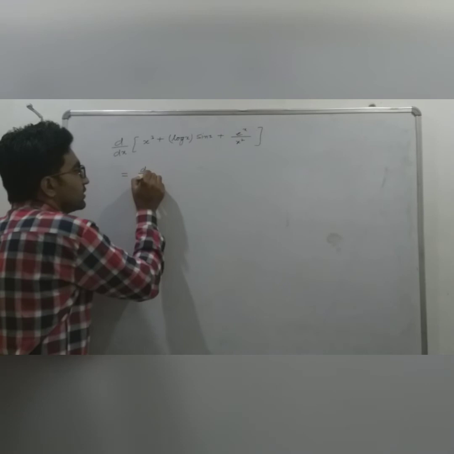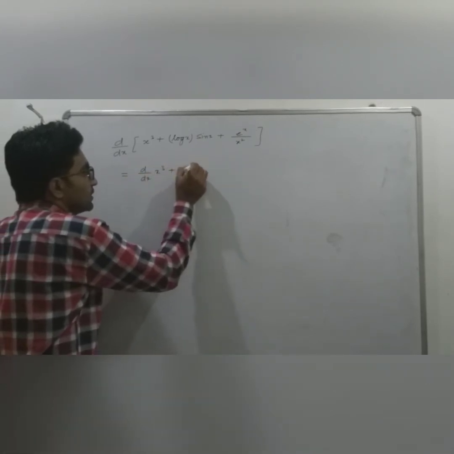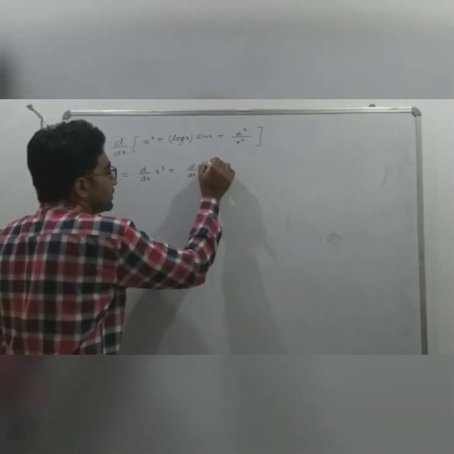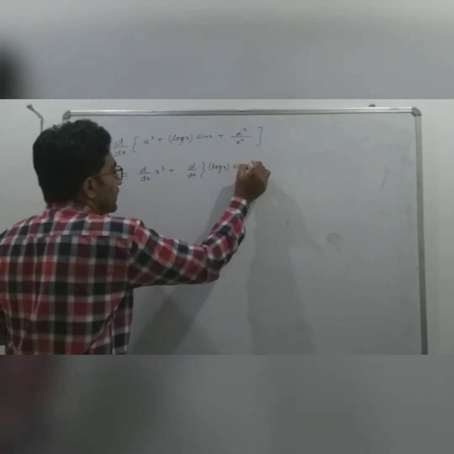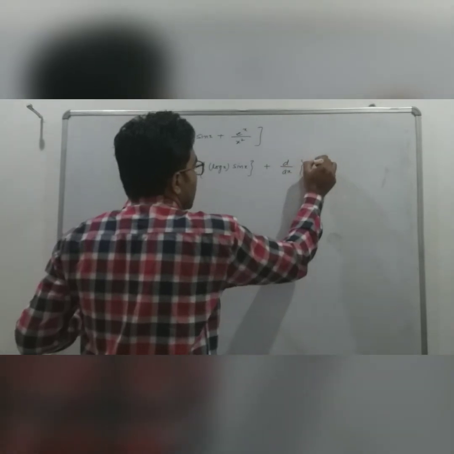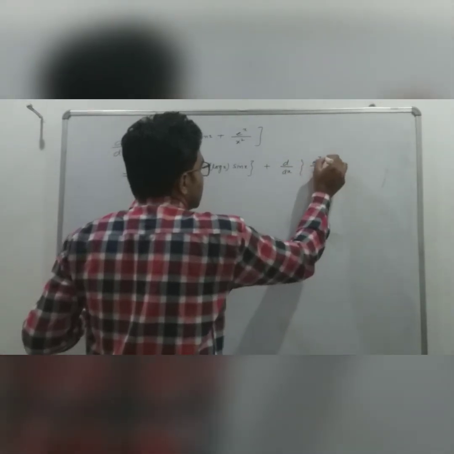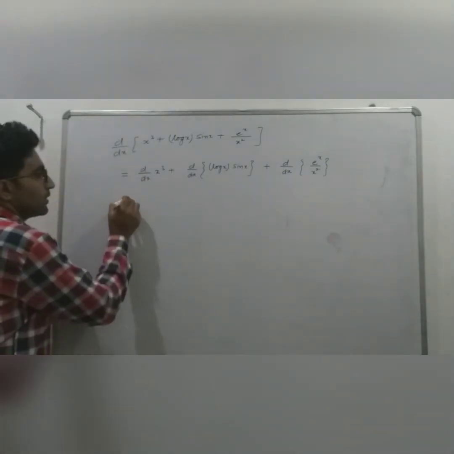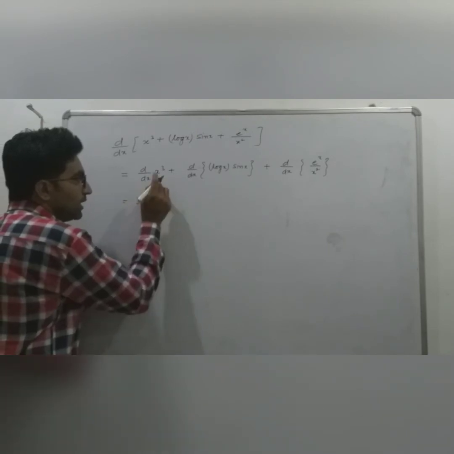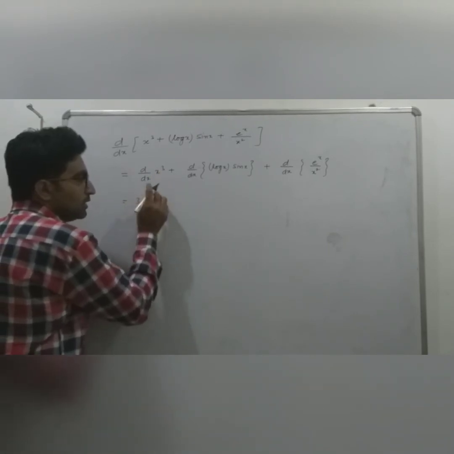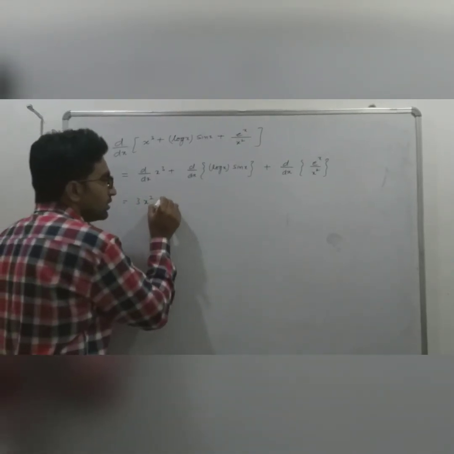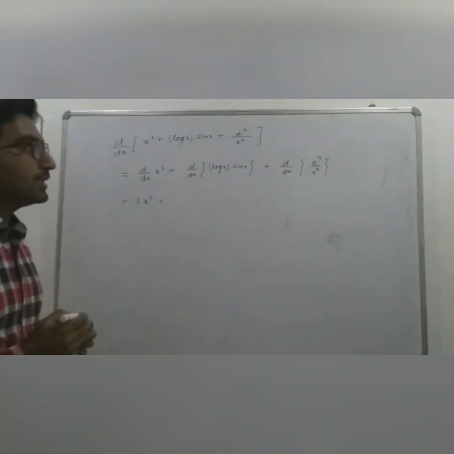d by dx of x³ plus d by dx of log x · sin x plus d by dx of exponential x by x². Differentiation of x³: the power comes forward, 3, and the power is reduced by 1, so 3 minus 1 is 2, giving 3x². Plus d by dx of log x and sin x.